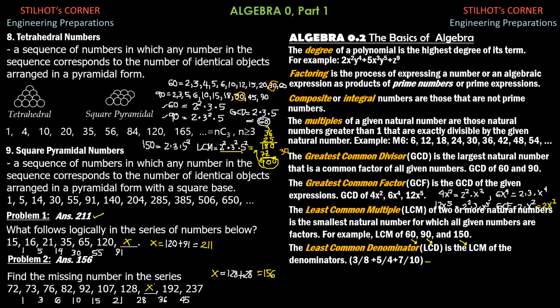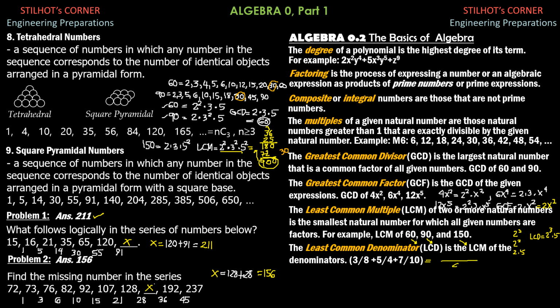So in this case, the LCD of 8, 4, and 10: 8 is 2 cubed, 4 is 2 squared, and 10 is 2 times 5. Therefore, the LCD is 2 cubed times 5, and that is 40.